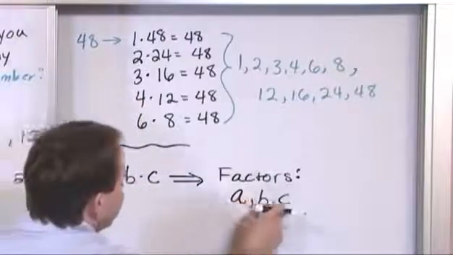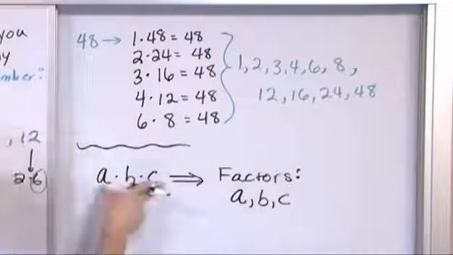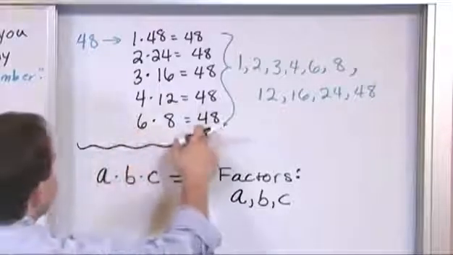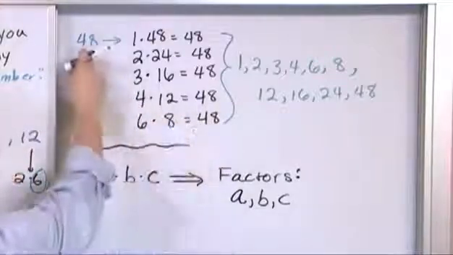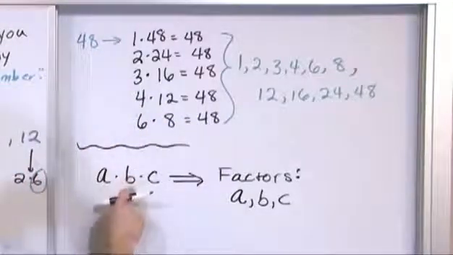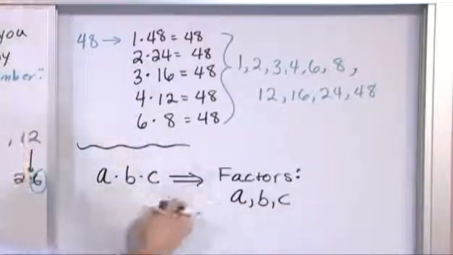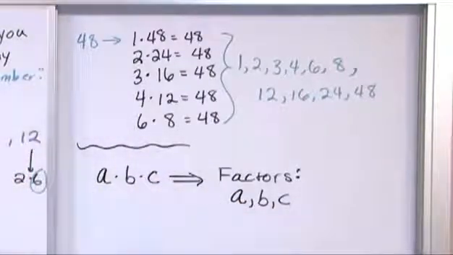These guys, A, B, and C, can divide evenly into this guy, and we'll talk about why later, but the easiest way to look at it is the definition of a factor, just like 8 times 6 is 48, so 8 and 6 are both factors. A is multiplied by B is multiplied by C, so by definition all of them have to be factors because they're all able to be multiplied together to give you the final answer.